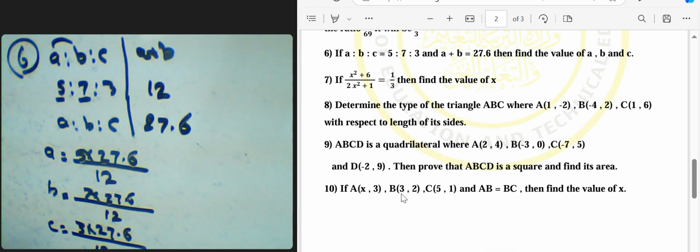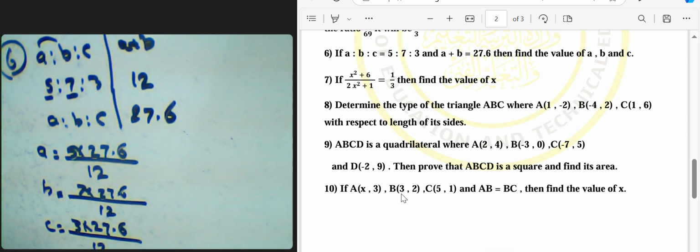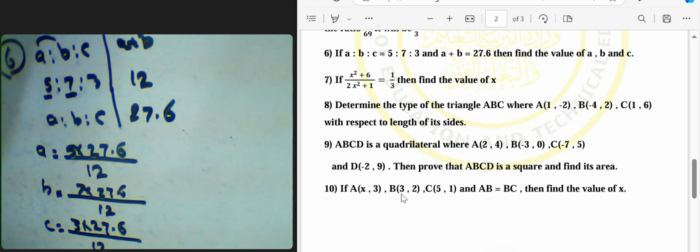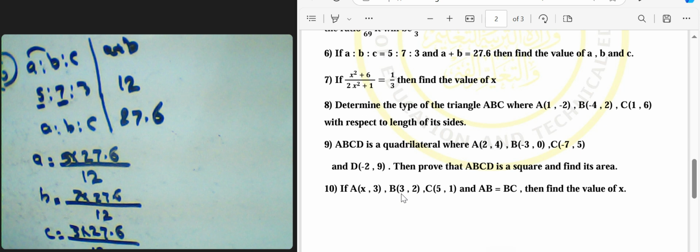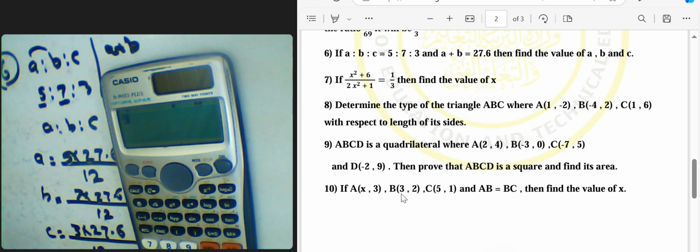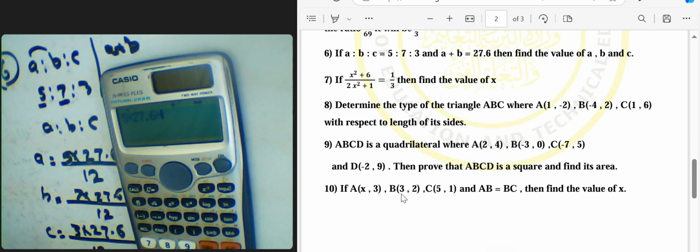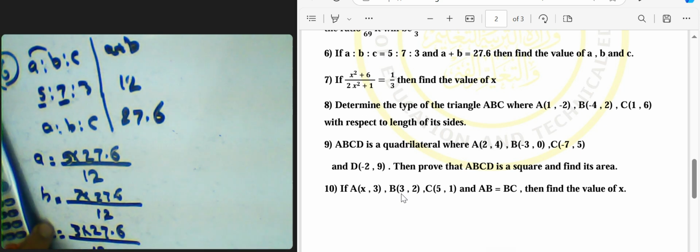And we can use the computer to find the result of this example. Here 5 times 27.6 divided by 12, the result will be 11.5.